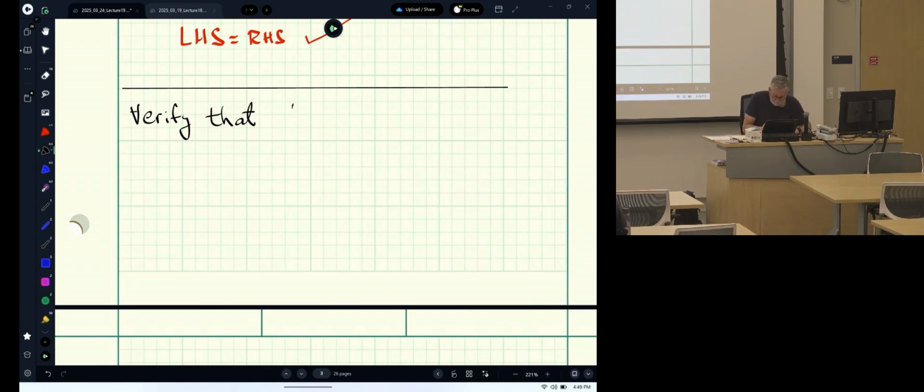Verify that phi takes 0 to infinity to R2 by. So I'm writing the solution a little bit differently.